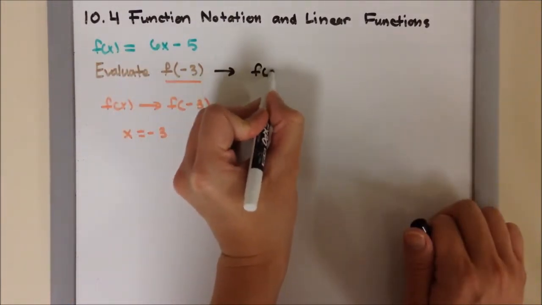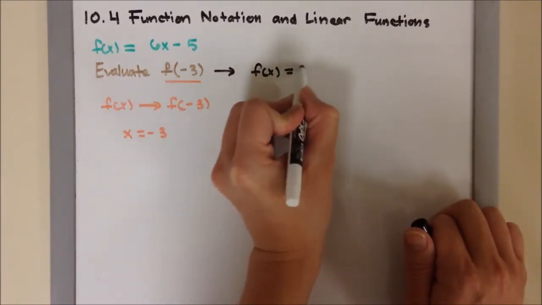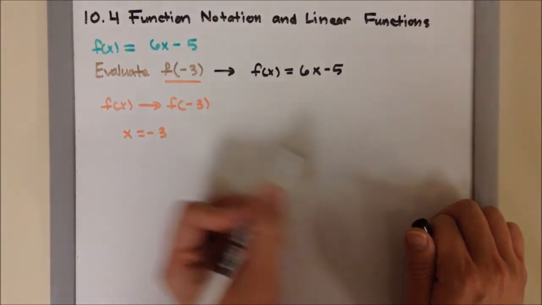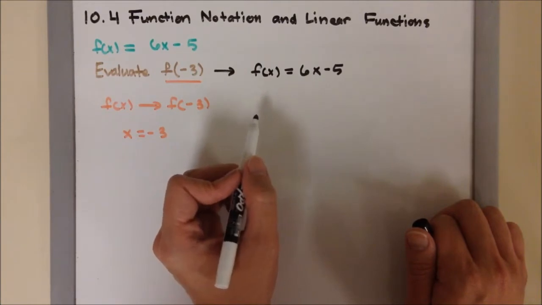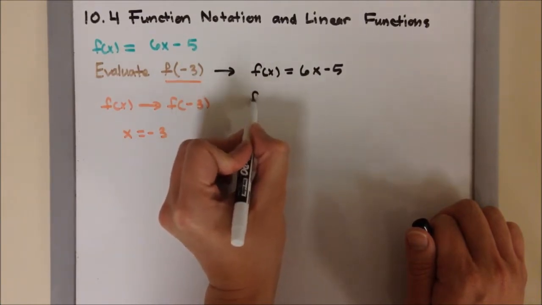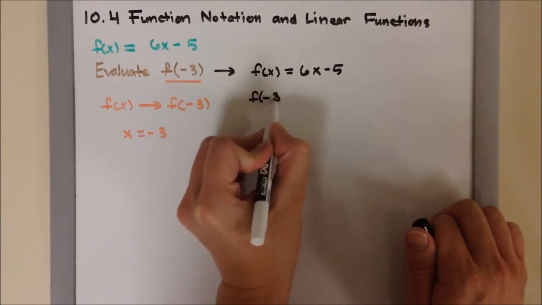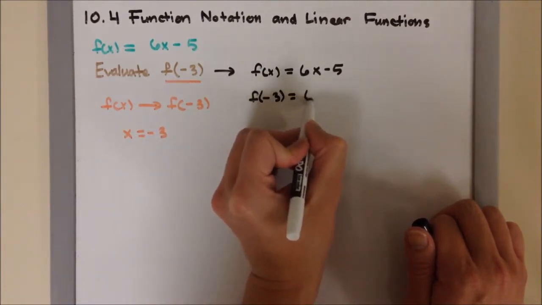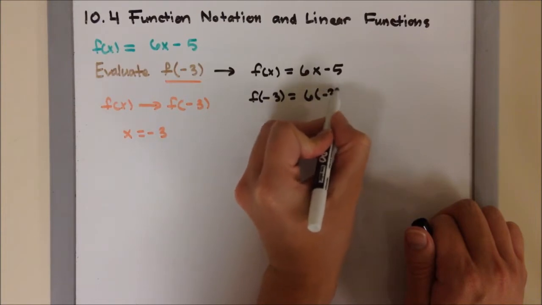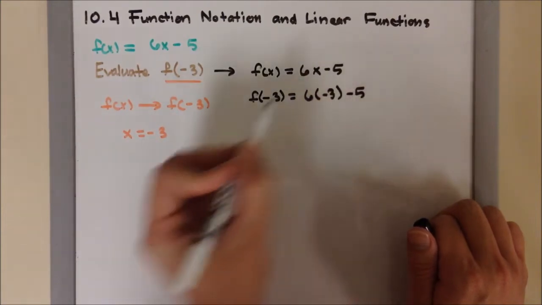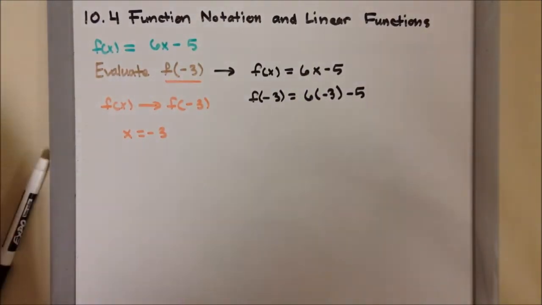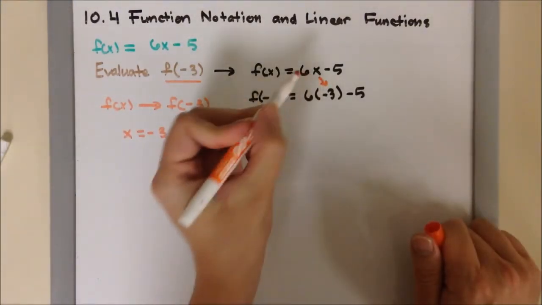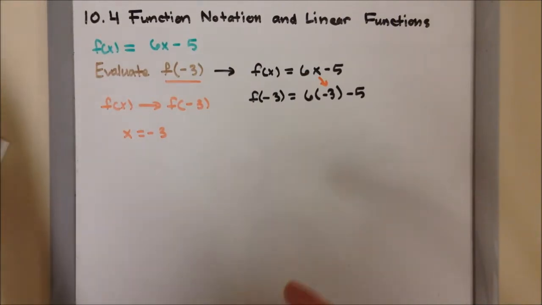First, we have our function, and then when it says f of negative 3, again, we're just going to plug in negative 3 for x. So again, just switching out x with negative 3 when you're evaluating.